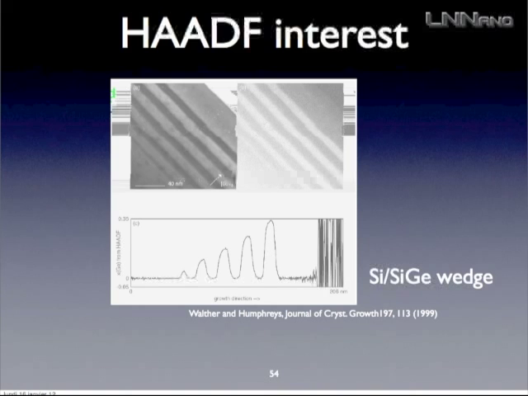This is another example taken from the same authors, same paper, where here you have something of known thickness, and now you have different parts where there is germanium with different composition. And now the thickness is known, so you can determine almost exactly the percentage of germanium in each.